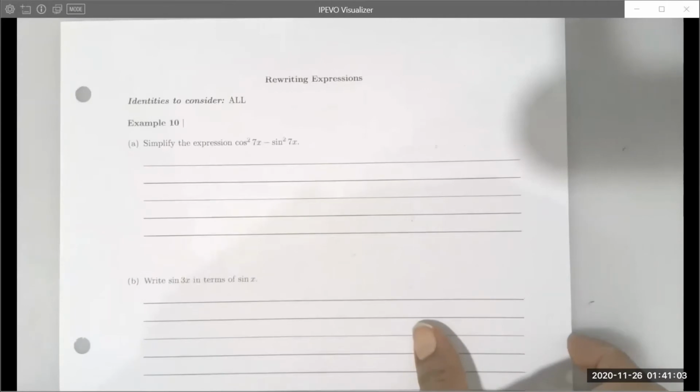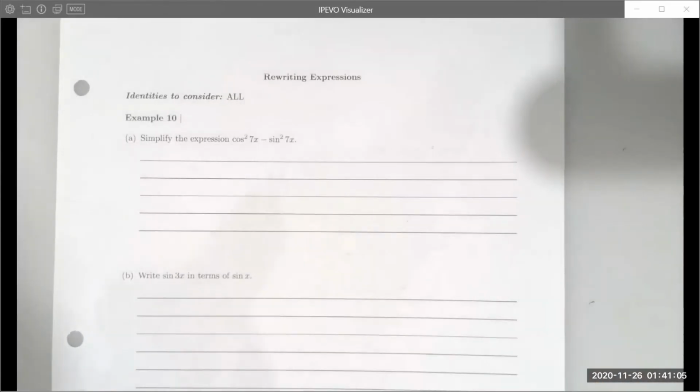These next 3 problems are all part of the same example 10, and are going to be similar, except that they're asking us to simplify the expression for part A, and they don't tell us what to simplify it to. So it's kind of like proving an identity where you're only given one side of the equation and don't know what the opposite side is.